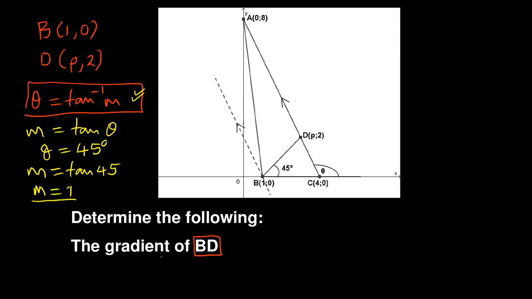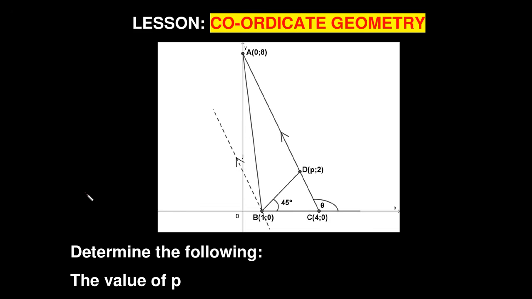So the gradient of BD is equal to 1. As you can see, I couldn't use point D because I do not know my P, but I had to use the angle, and that particular angle is 45 degrees and it can give me the gradient directly.